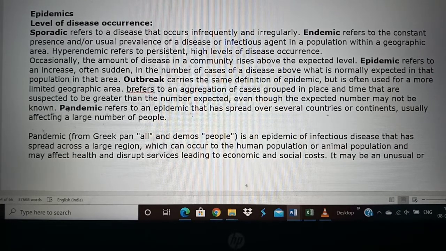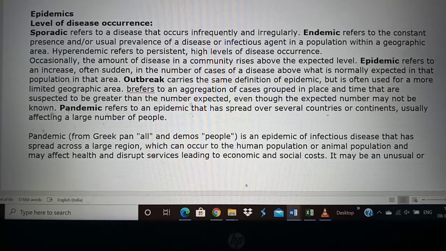Okay, endemic means there is a constant presence of a particular disease in a particular population within an area. For example, I used to work in a place in Andhra Pradesh where people used to get cerebral malaria. See, in Tamil Nadu we don't get much of cerebral malaria, but in that place there used to be hundreds and thousands of cerebral malaria cases every year, especially after the rainy season.